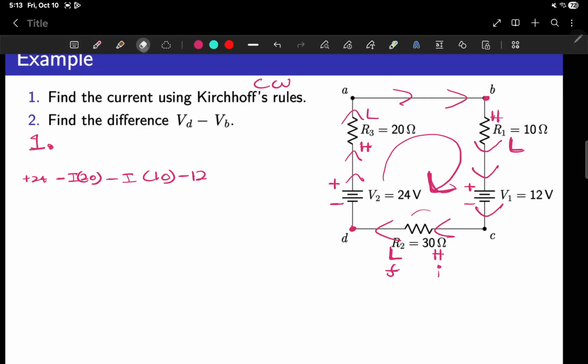The resistor resists the current. The resistor will slow down the current, basically. So that's why the potential at this final position is lower than the initial potential over here. So that gives us negative I R2, which is negative I times 30 ohms. And now we have kind of completed the circuit.